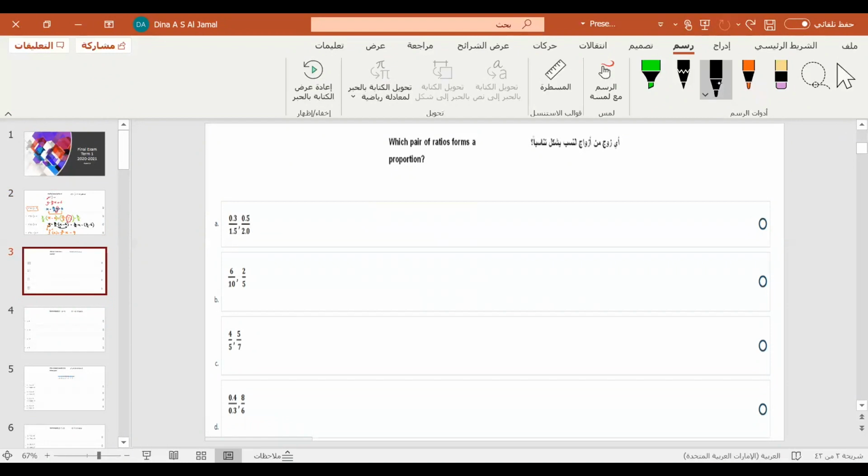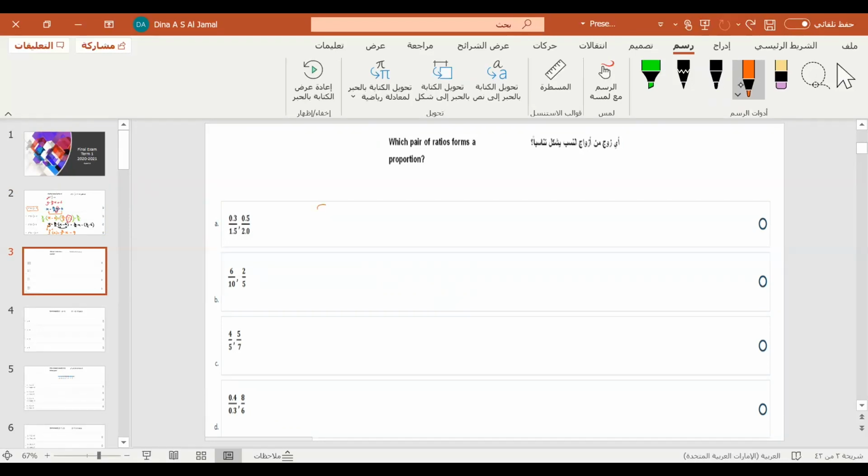Which pair of ratios forms a proportion? So in this question, you can solve it using the cross product. Whenever you are having an answer with an equal cross product to the other, then it is a proportion. So after trying, you can try all of these.